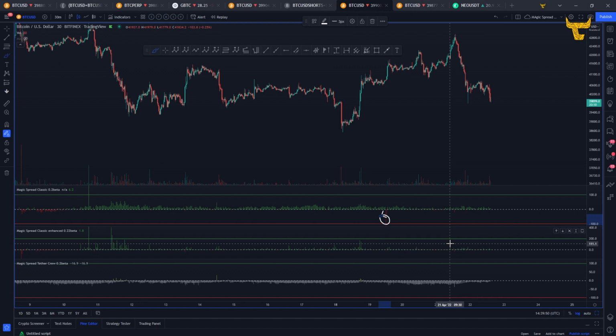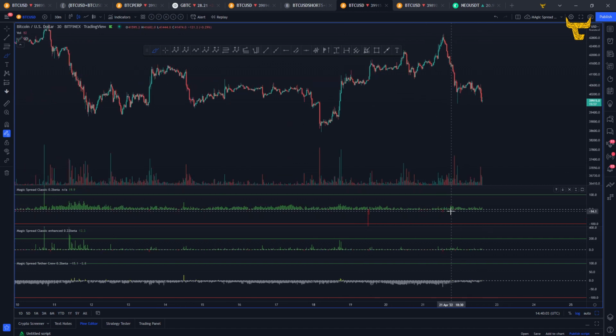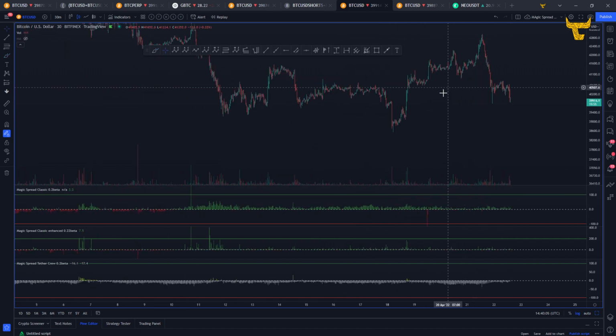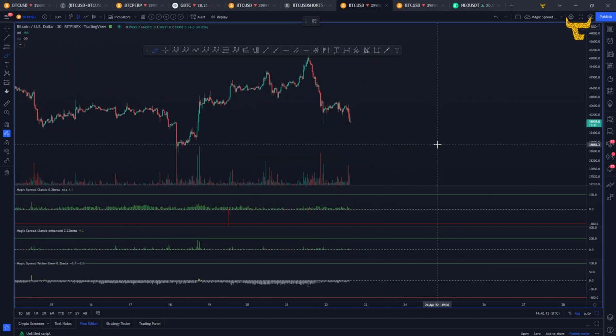This signal is to be ignored because it was just Bitfinex that was off for a few minutes. So there are not strong signs of selling from them, but not really strong signs of buying either for now.